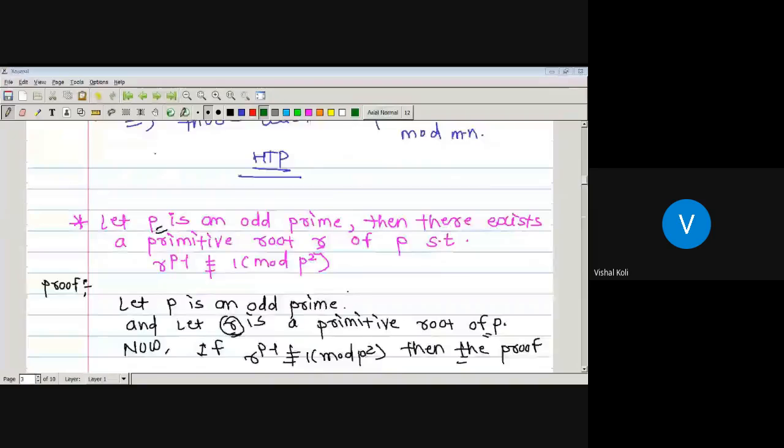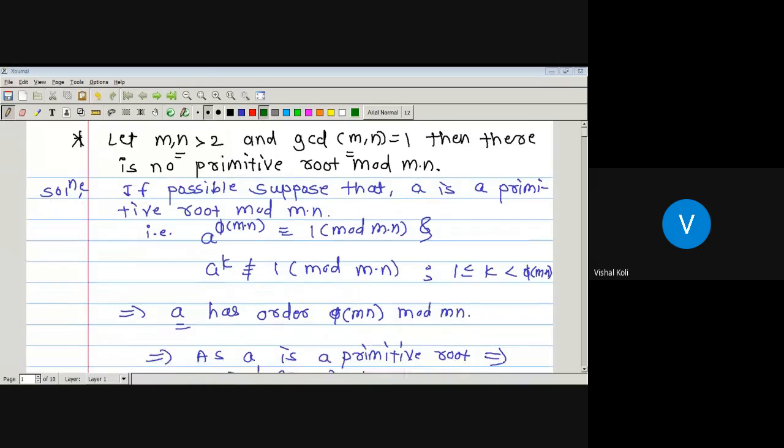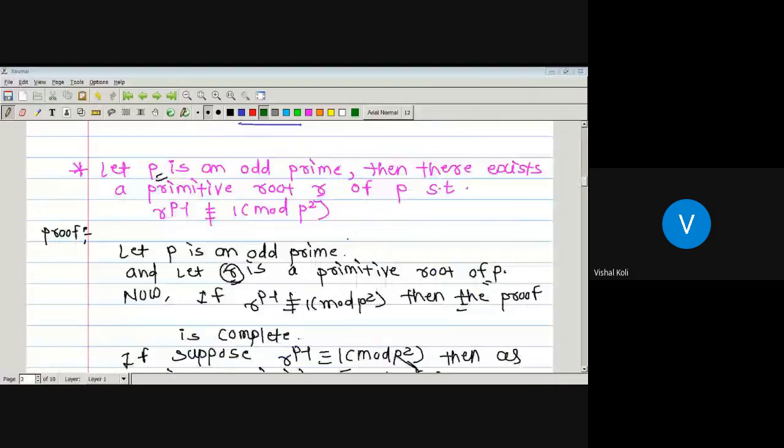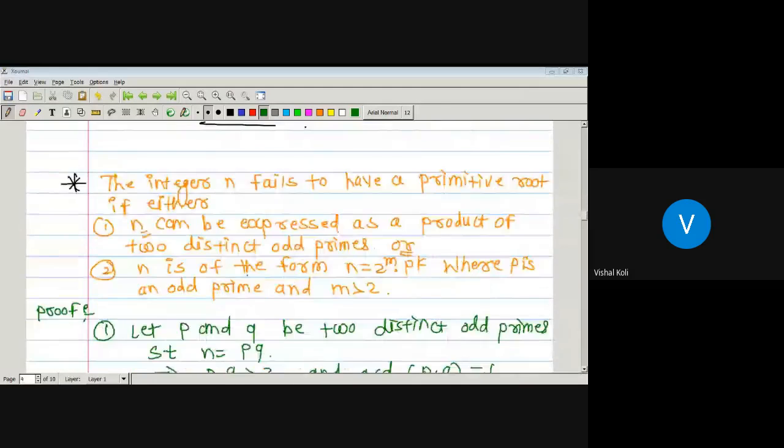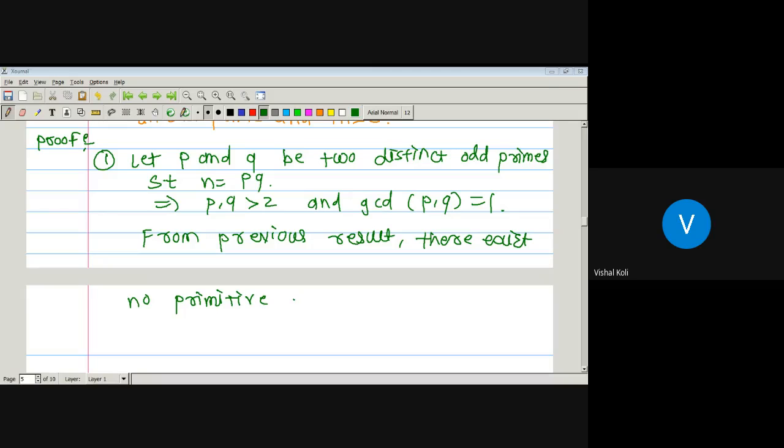Previously we have proved one result. If m and n are two integers which are greater than 2 and GCD of these two integers is equal to 1, then there is no primitive root modulo mn. Okay, now as here p and q are two integers which are greater than 2 and relatively prime to each other, then by the previous result, there exists no primitive root modulo p into q.